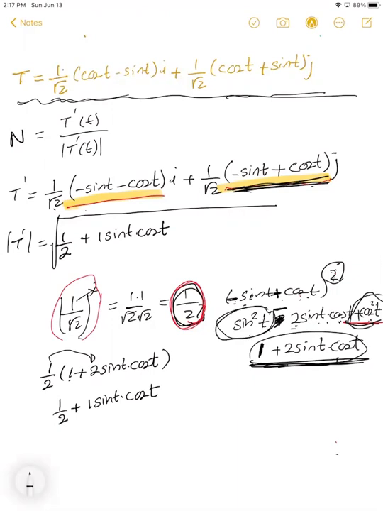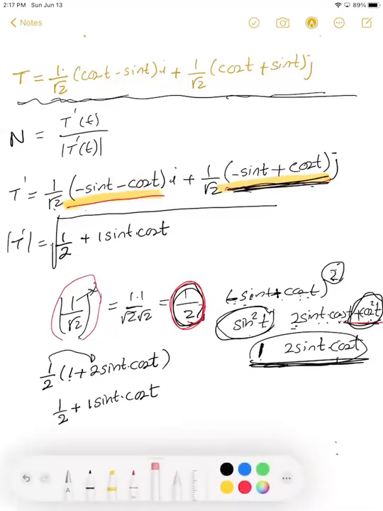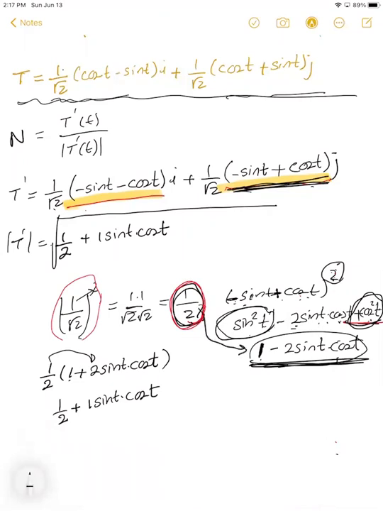Sine squared plus cosine squared is 1. And instead of being a positive, we are going to have a negative here. And again, this 1/2 gets distributed, and we end up with plus 1/2 minus 1 sine t cosine t under the radical.